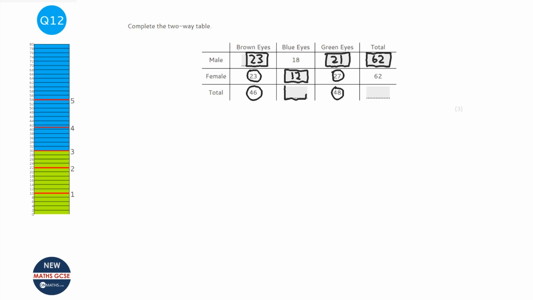So we know that's right. With that one sorted, we can get this one. And if there's 18 males with blue eyes and 12 females with blue eyes, that means there's going to be 30 altogether. Now this total is either the total of these ones or the total of these ones, and they should give you the same number.